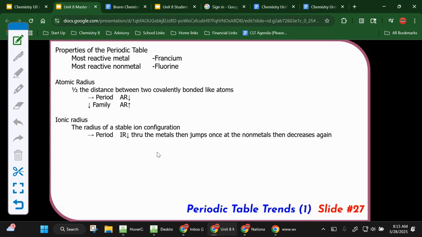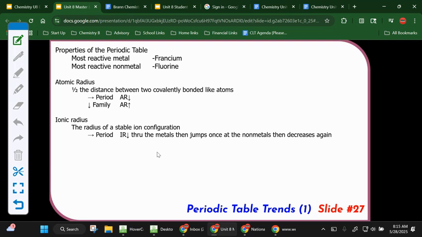Atomic radius goes down all the way across. But ionic radius takes a one-time jump as you go from metals to non-metals to a larger size.